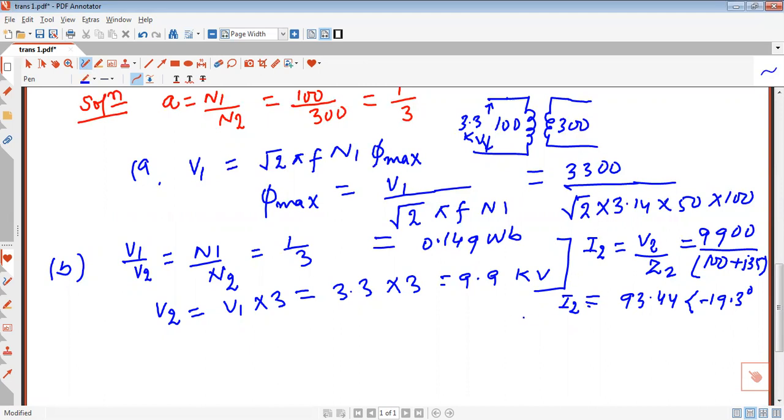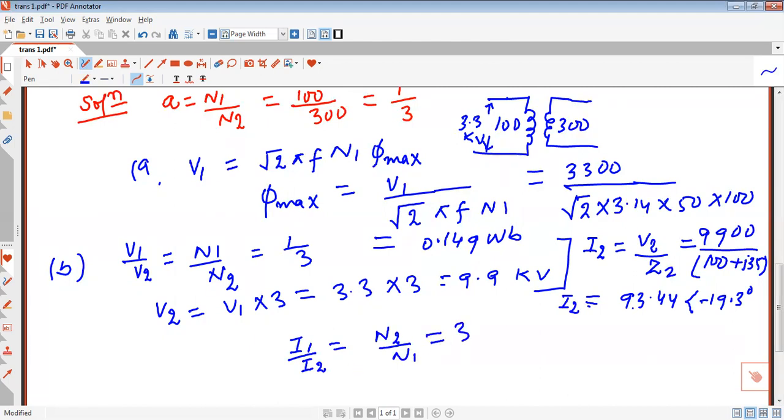In a similar way, we can calculate I1. We know the relation I1 by I2 is equal to N2 by N1. N1 by N2 is 1 by 3, so N2 by N1 will be 3.